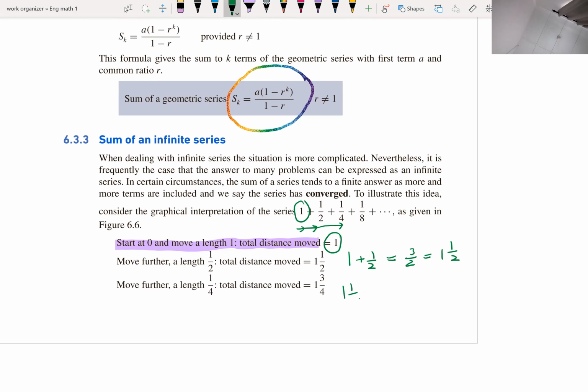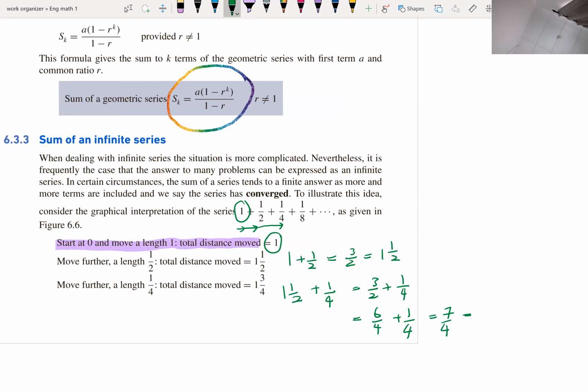So 3/2 plus 1/4, so 6/4 plus 1/4. We have 7/4. If we want to simplify, it will become 1 3/4.